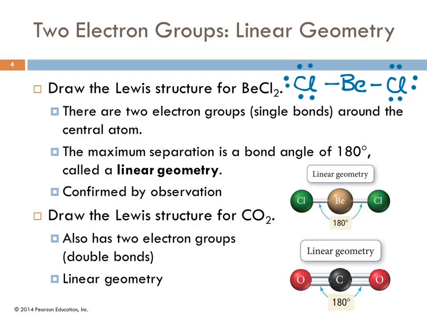When we look at the Lewis structure for this, we see that there are 2 electron groups, the single bonds, on this central atom. So how can those get away from each other? It's helpful to look at these models. Here's the central atom, and imagine these bonds as being able to move around, and you could move them around and get them far away from each other.